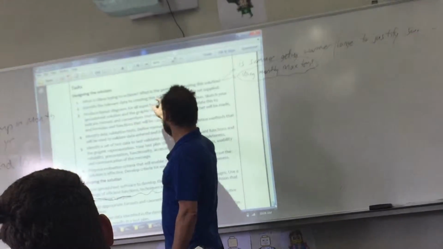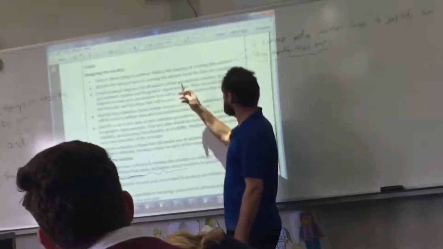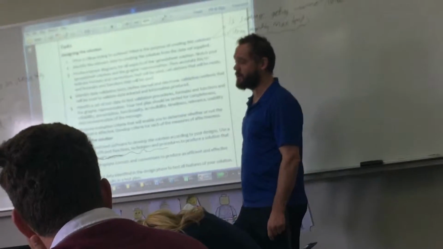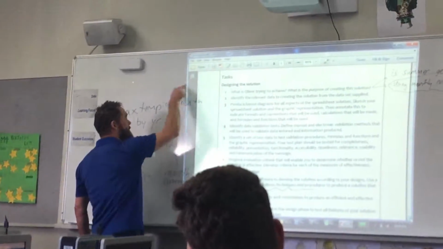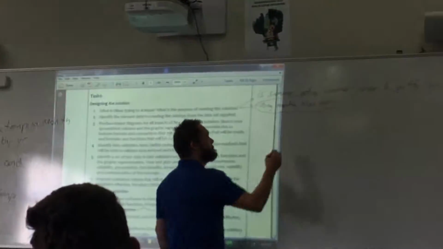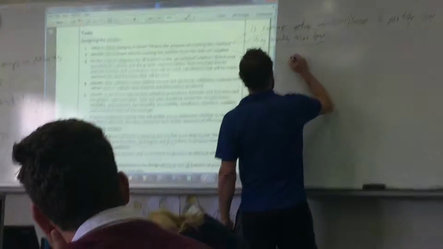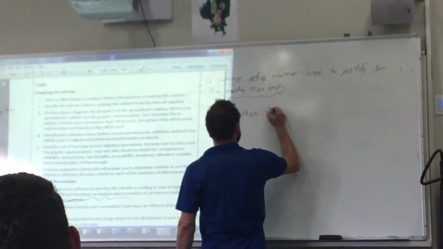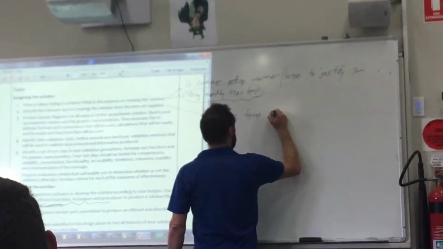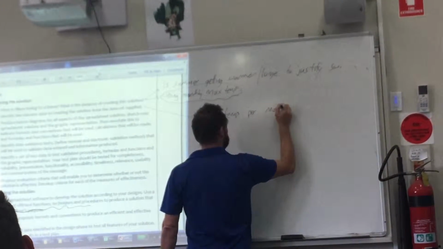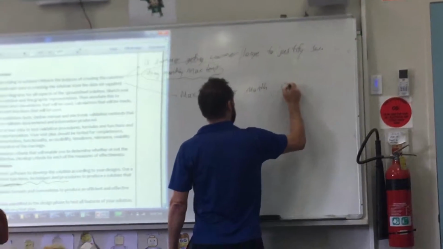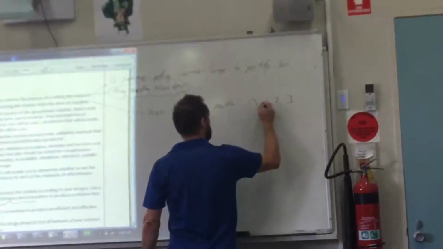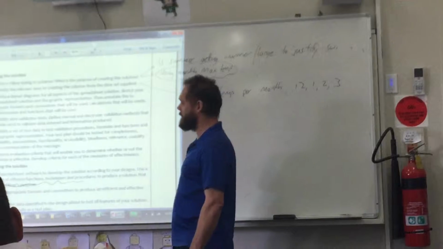Right, identify relevant data to create the solution from the data set supplied. Well, I've gone over that at the start. The relevant data is going to be max temp per month for months 12, 1, 2, 3: December, January, February, March.